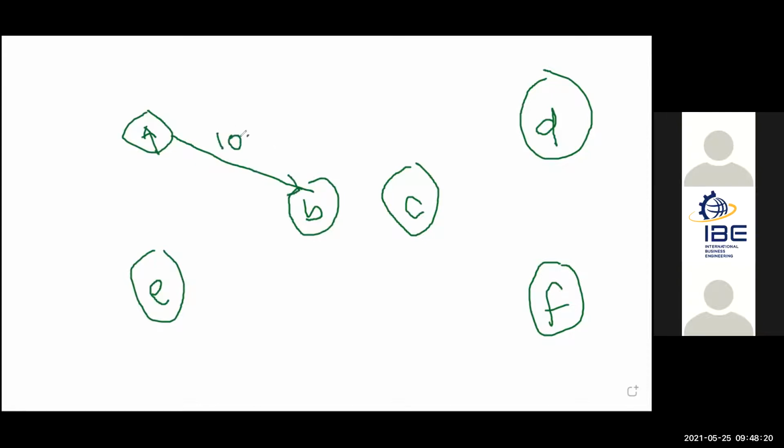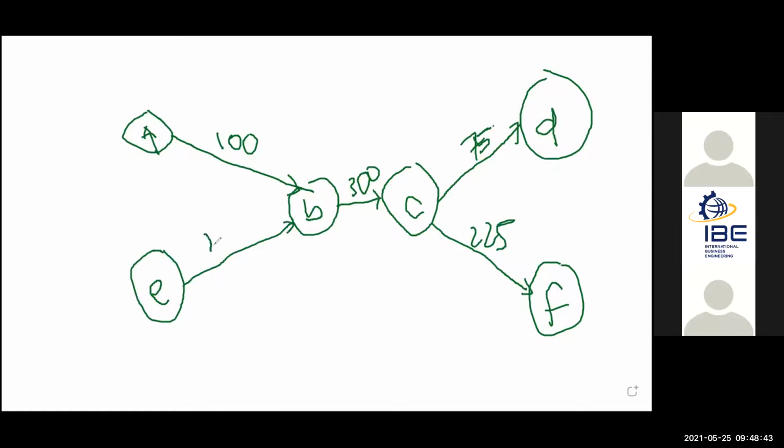B to C is 300. And then C to D is 75. And then C to F is 225. And then E to B is 200.